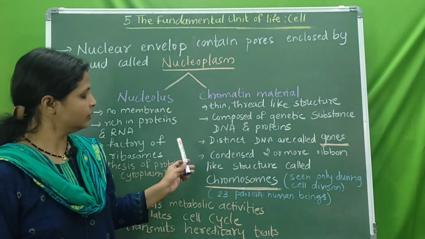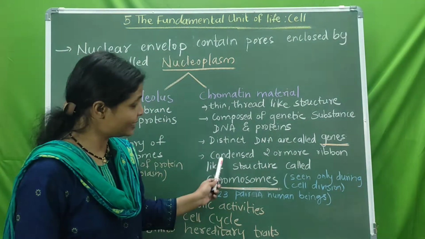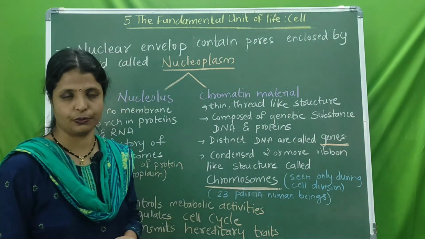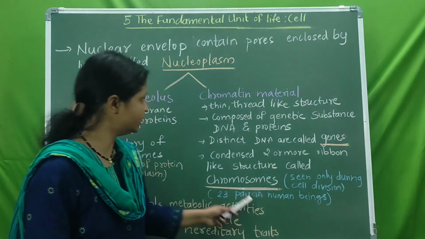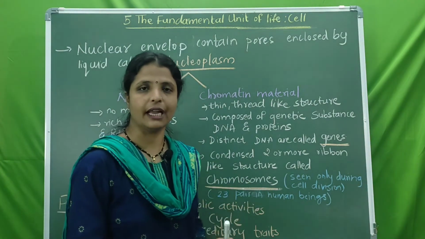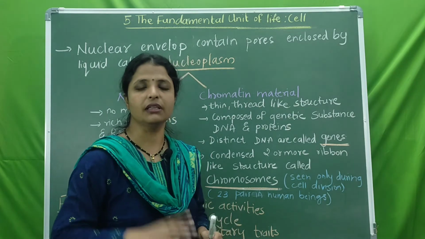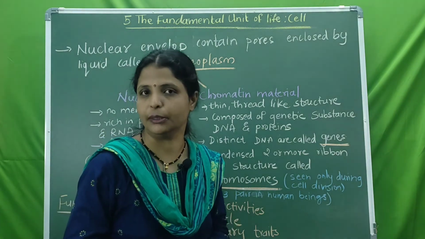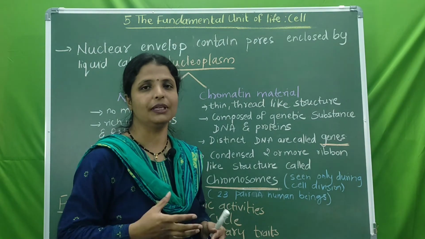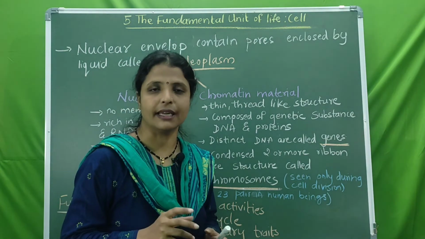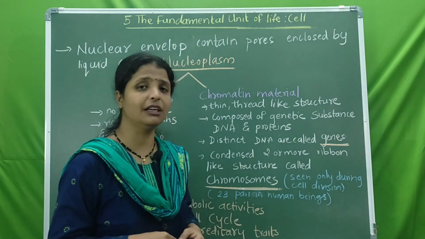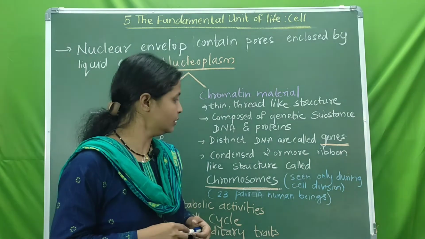Then they are condensed into two or more ribbon-like structures called chromosomes. So the main part in the chromatin material is chromosomes. They are also thread-like structures and are always seen when cell division is taking place during reproduction. You know very well, the nucleus is the site where the divisions take place, which helps in reproduction, either in the male or in the female.